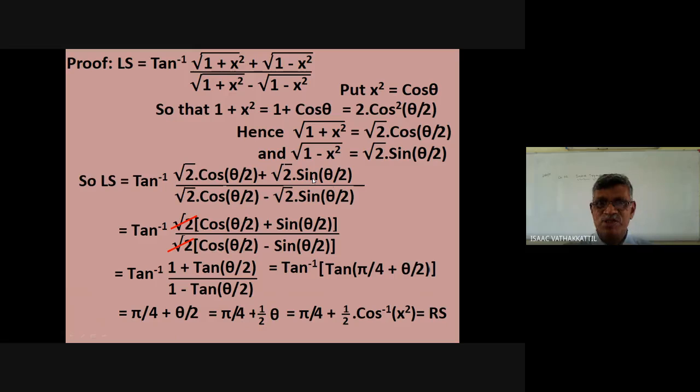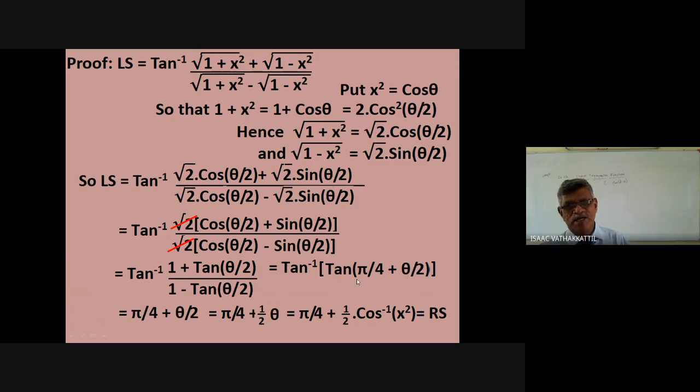So what was the substitution? Putting x squared equal to cos theta. You can try with x squared equal to cos 2 theta also, but basically you apply the same formula. 1 plus cos 2 theta will be 2 cos squared theta, and 1 minus cos 2 theta will be 2 sin squared theta. 1 plus cos theta is 2 cos squared theta by 2, 1 minus cos theta is 2 sin squared theta by 2, and after substituting, root 2 cancels.